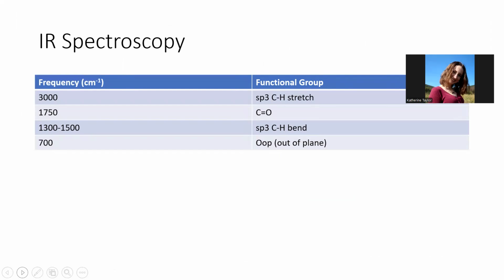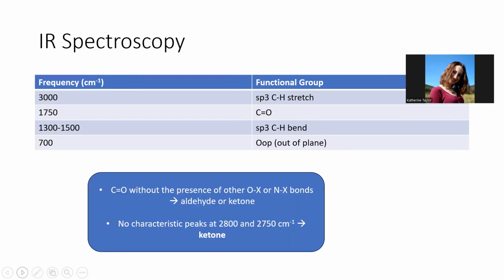So what can we learn from our IR spectrum? Well, there's a couple of things. All of these peaks corroborate the idea that there is an aromatic ring within the compound, but more importantly, we can see that we have a C=O double bond. What's equally as important is what we're not seeing. Obviously, we're not seeing any bonds related to nitrogen, but we're also not seeing any bonds related to oxygen other than that C=O double bond, so no OH, no C-O single bonds.